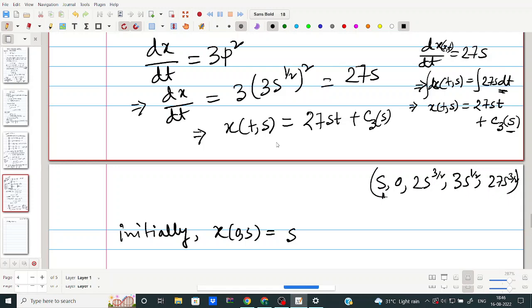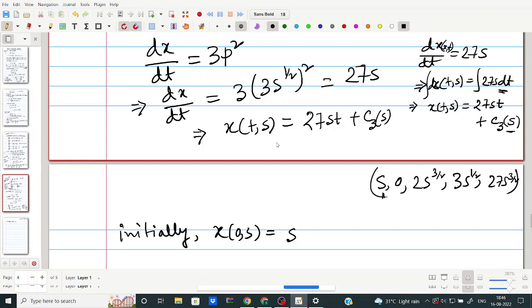Comparing with what I have at the very first, this is on the initial curve, S, 0, 2 S power 3 by 2. So you have to compare S, 0, 2 S power 3 by 2 with the point they are giving, 1, 0, 2.